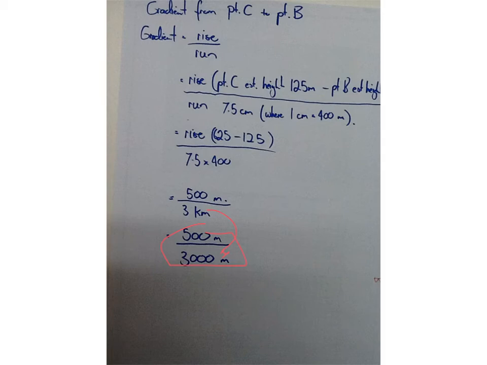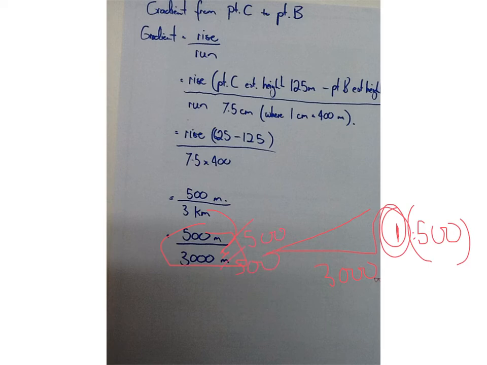Now, it's at this point here that we need to remember what we're trying to do. What we're trying to do is to say that, well, for the average steepness of the slope, we need to get that to 1. At the moment, that's 500, and that's 3,000, but we need to get it to 1. In order to get to 1, we're going to divide that by itself and then do the same to the bottom.